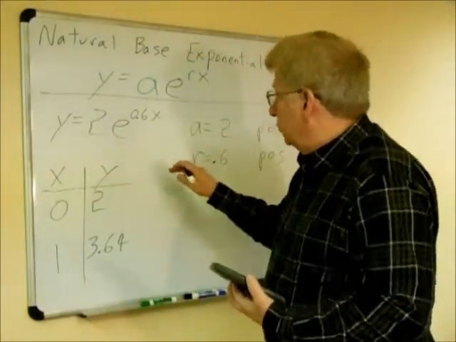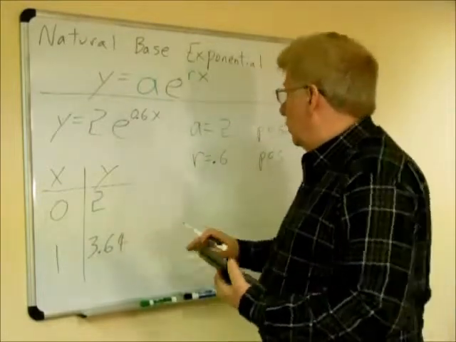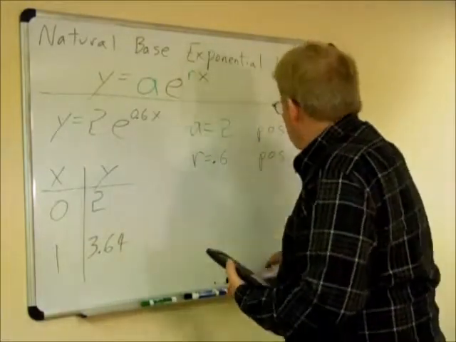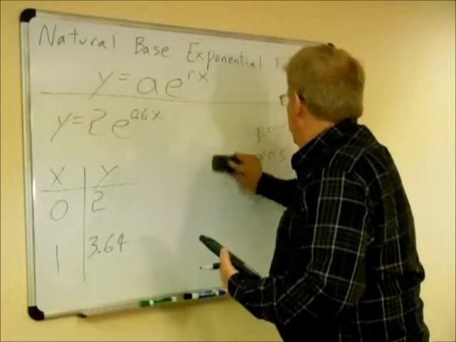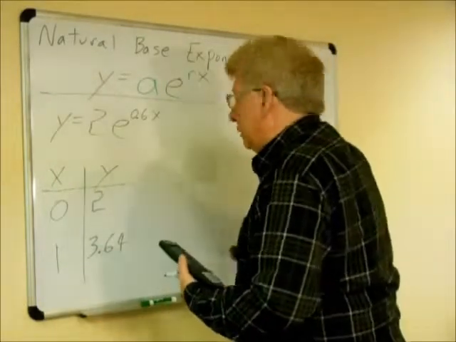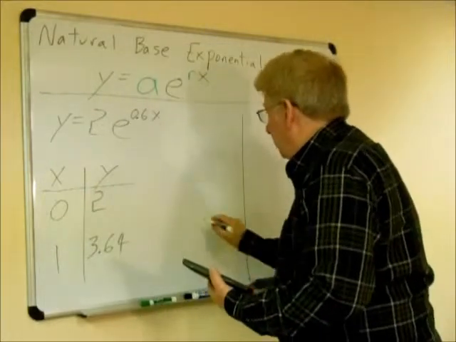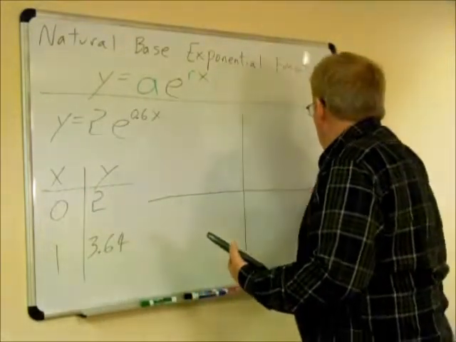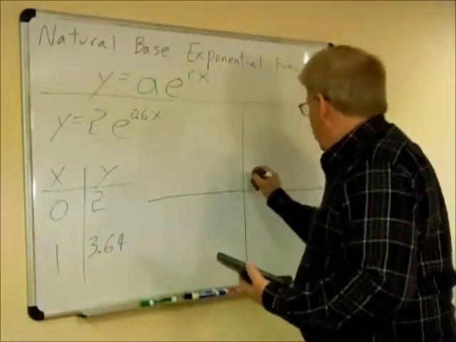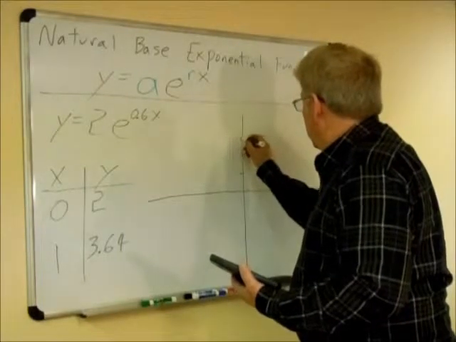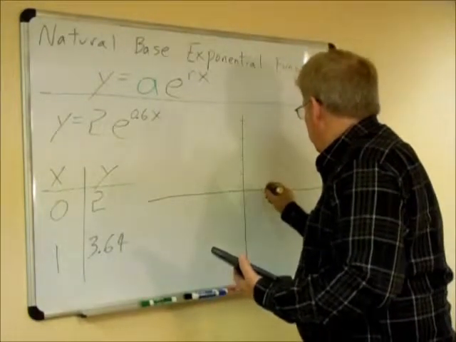We know it's exponential growth, and we have 2 of its points. So let's see if we can rough out that graph. I'm just going to roughly make some divisions here.